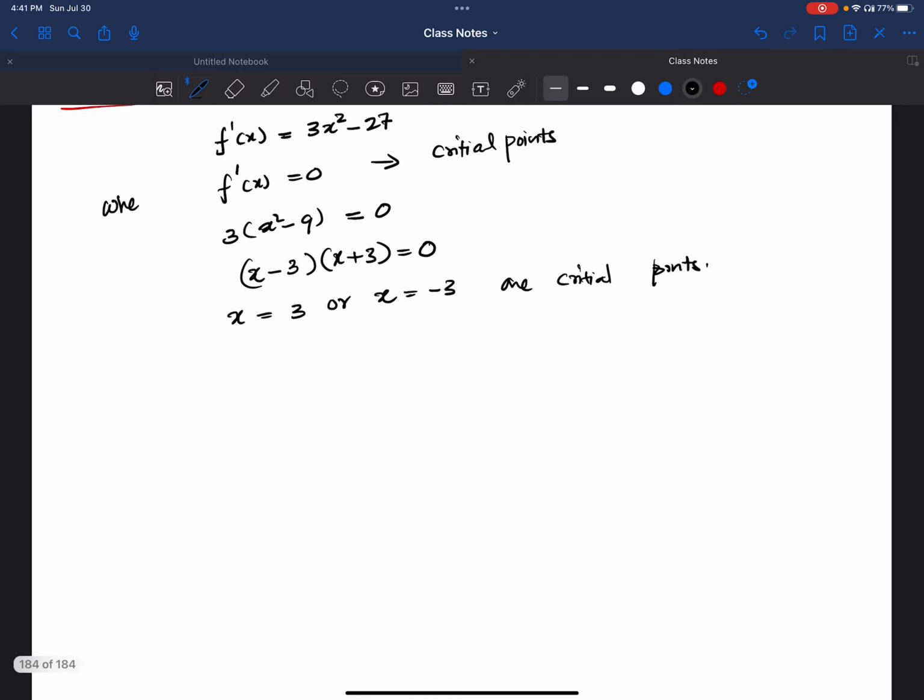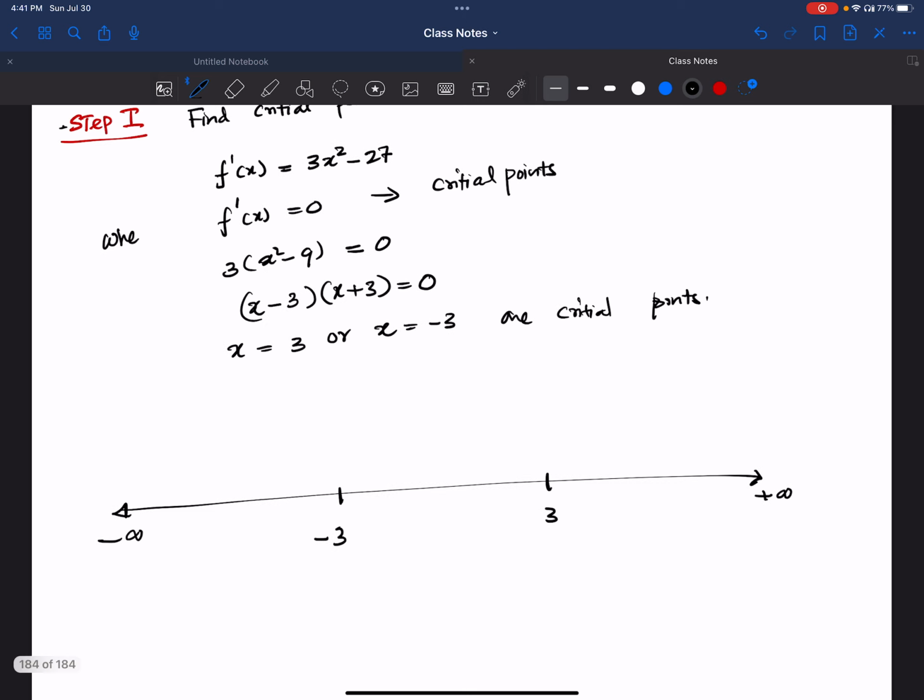Now we put these numbers on a number line. You have negative 3 and positive 3. This is negative infinity and this is positive infinity. And then we're going to look at the behavior of f prime of x. Now f prime of x is equal to 3 times x minus 3 times x plus 3.